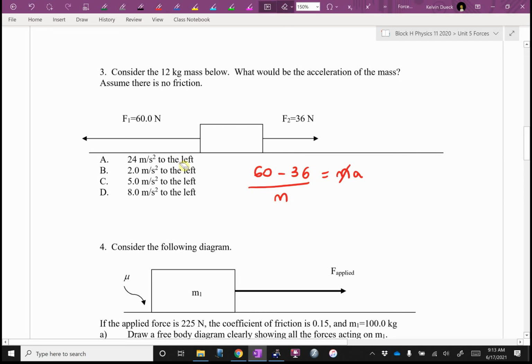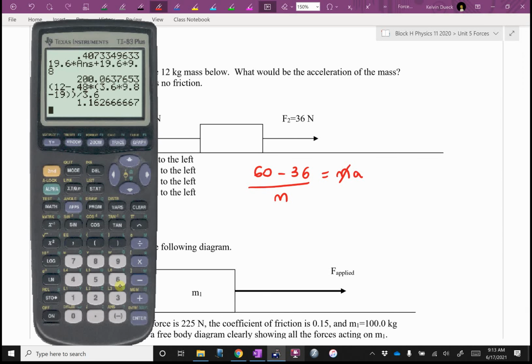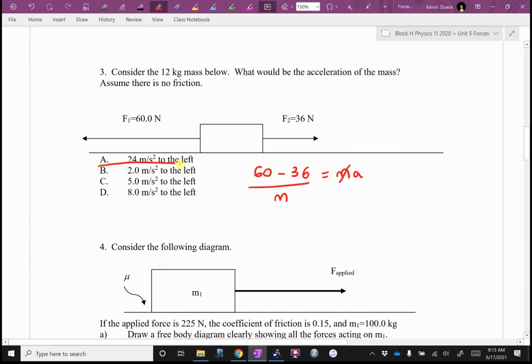By the way, first thing I actually did was I'm accelerating to the left. I scanned the answers. Had anything here been to the right, I would have just crossed it out and saved myself the bother. Sadly, they are all pointing to the left. So I said it's going to be bracket 60 minus 36 divided by 12. I could do this in my head actually, but whatever. 2. B. 1 mark.